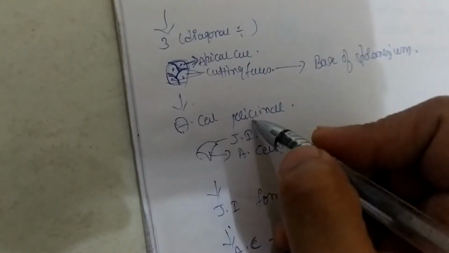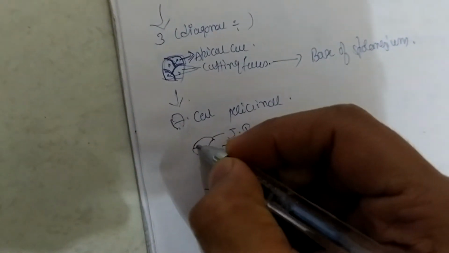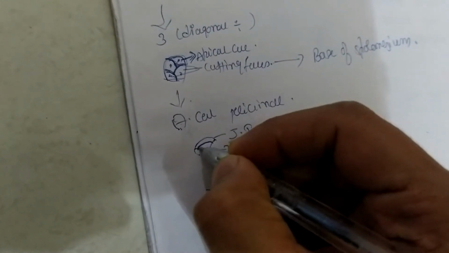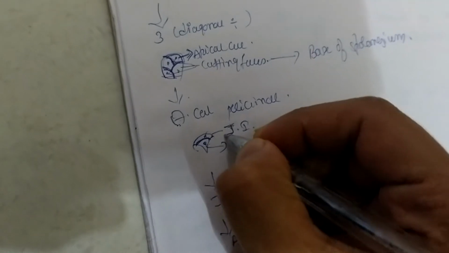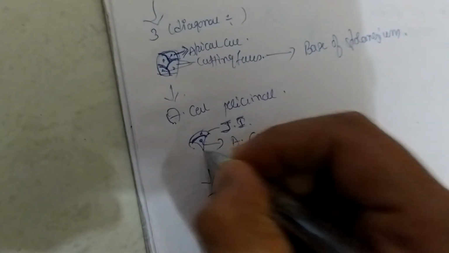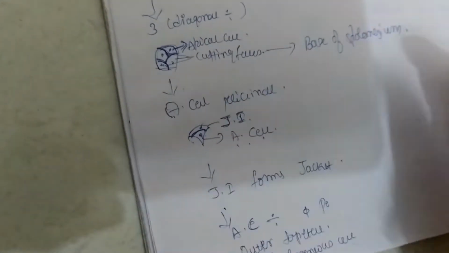Now this apical cell will undergo an arched periclinal division, leading to formation of two cells. The outer cell is called the jacket initial cell, whereas the inner cell is called the archesporial cell.